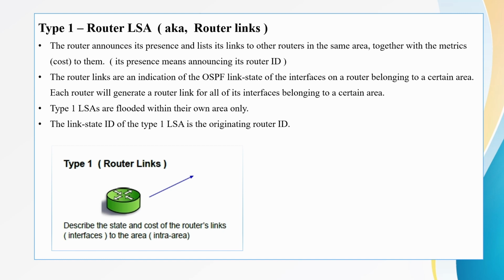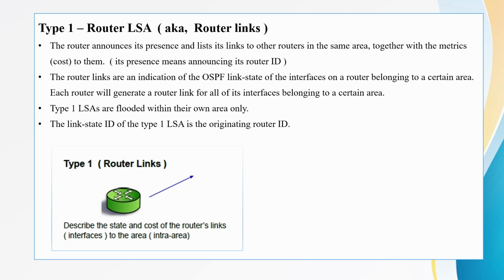The router links are indicators of the OSPF link states of the interfaces on a router belonging to a certain area. Each router will generate a router link for all of its interfaces belonging to a certain area. The type 1 LSAs are flooded within their own area only. This is the LSA's flood scope.